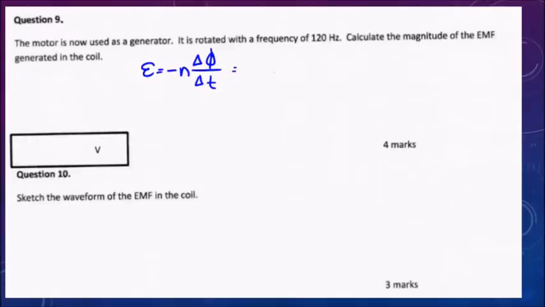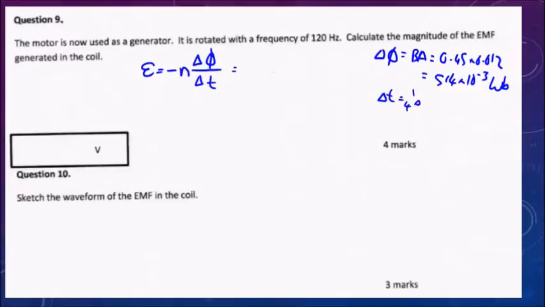So all we've got to do here is think about the change in flux. The change in flux is equal to BA, which is 0.45 times 0.012, and that was 5.4 times 10 to the minus 3. And our delta T is 1 over 4F.